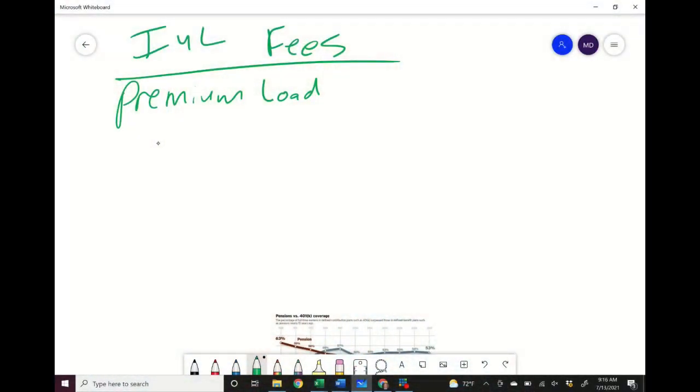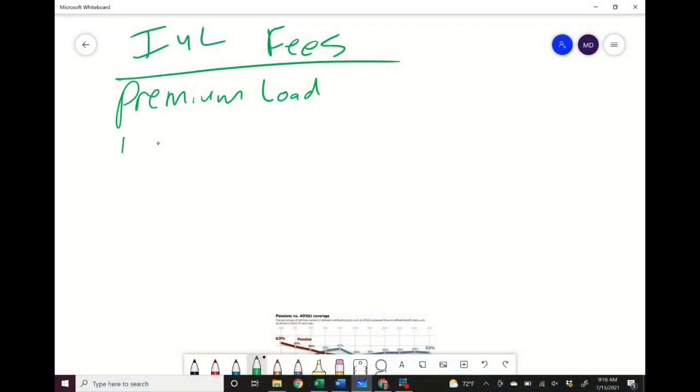It's usually a percent of the total premium, and half of that goes to pay taxes and half of that goes to the company. And that premium load is typically fixed for a set number of years, or it may be fixed at, say, like a 5% fee and then drop to a 3% fee or something along those lines. But anytime you pay a premium, there's going to be a premium load. That's the first fee that's going to be on these policies.